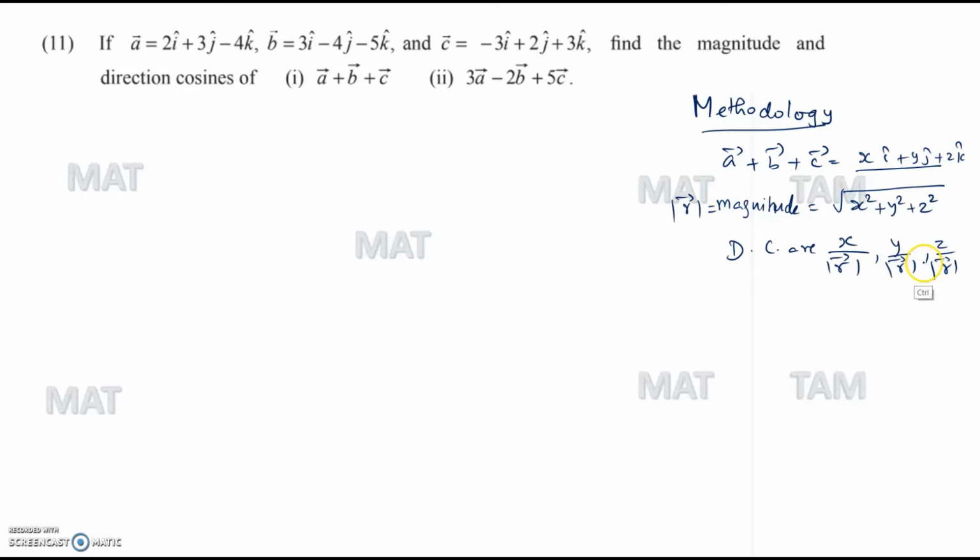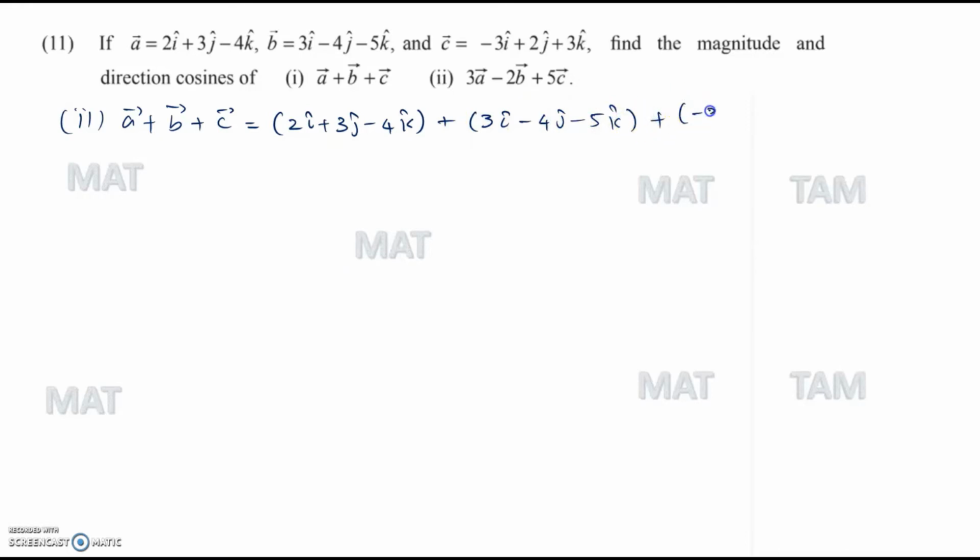So let's proceed. Let's do the first part of the problem. So vector A plus vector B plus vector C will be written as, let's bring down the three vectors, 2i cap plus 3j cap minus 4k cap plus 3i cap minus 4j cap minus 5k cap plus minus 3i cap plus 2j cap plus 3k cap.